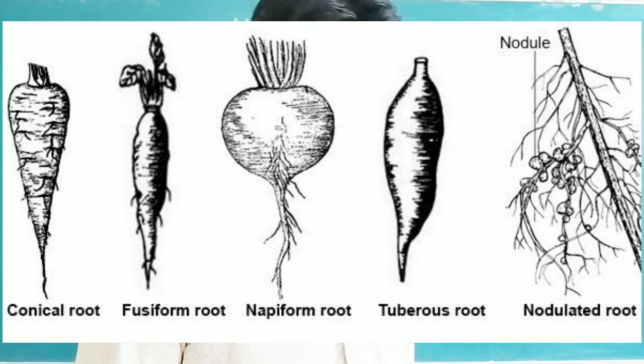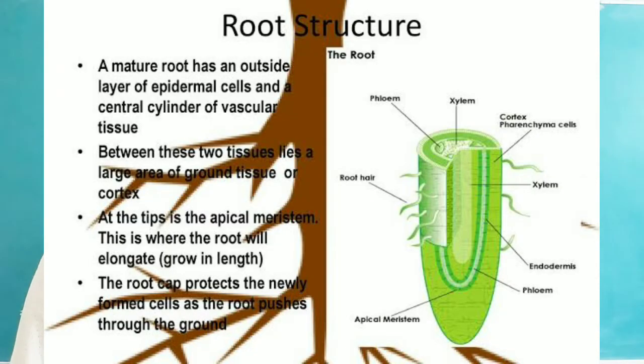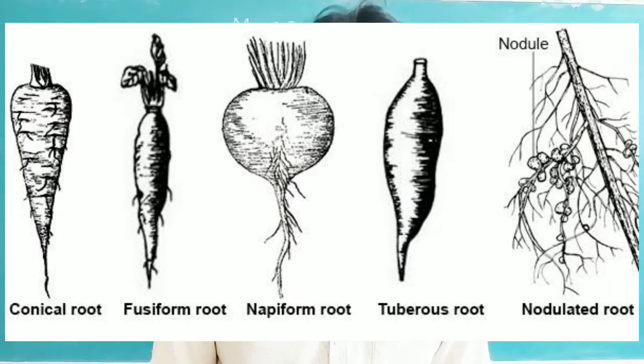They form a structure to perform certain special functions other than or in addition to their normal functions. Their functions may be to store food, mainly. This is why they form these kinds of modifications. They also form modifications in different forms to develop special kinds of roots for respiration and conical spikes and so on.